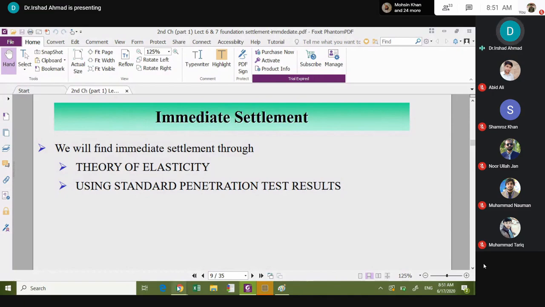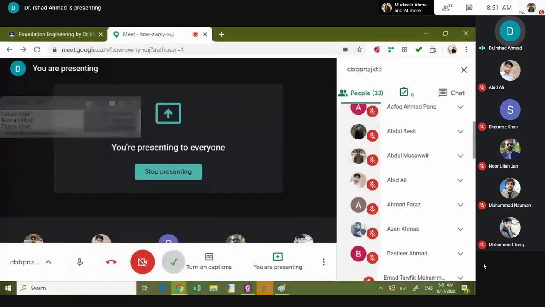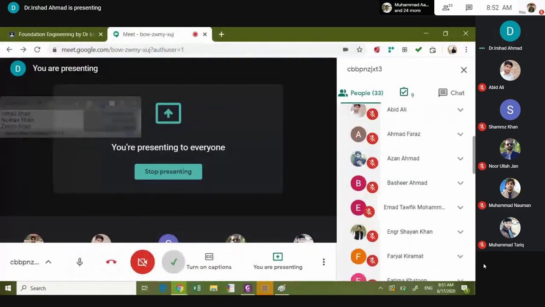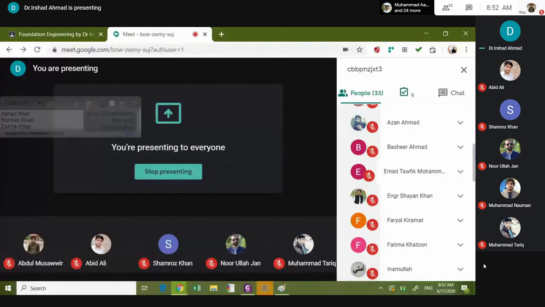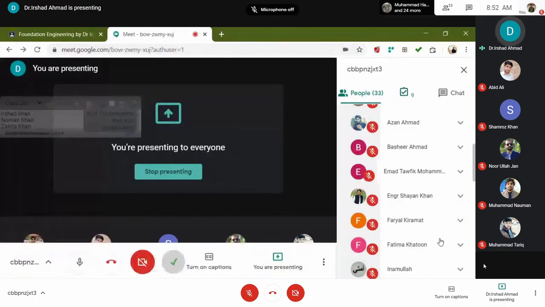And can anybody tell me in which type of soil this immediate settlement is predominant? Granular soil, sand and gravel, whether saturated or unsaturated, right?